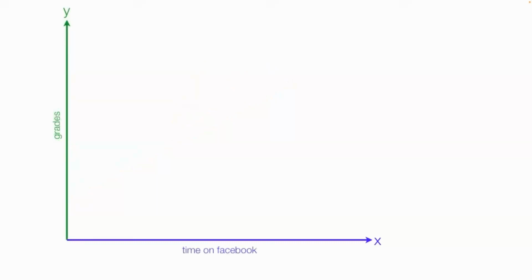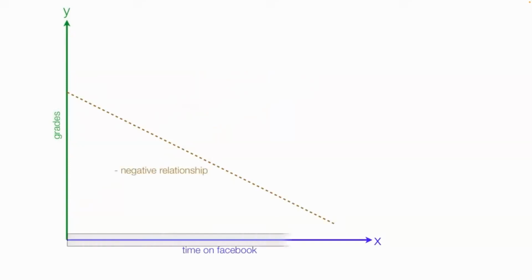Now, if I change the x-axis to time on Facebook, we see a negative relationship. More time on Facebook, grades will suffer and go down, a negative relationship. What we're estimating is still grades. Estimated grades is equal to b naught minus b1 times x, where x is time on Facebook.